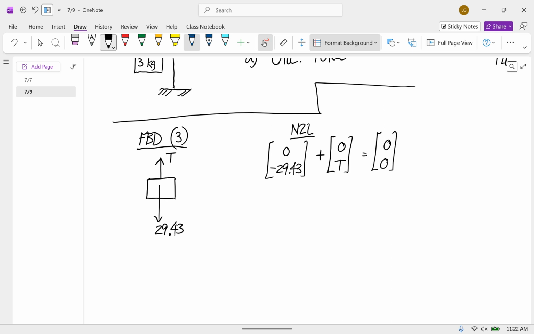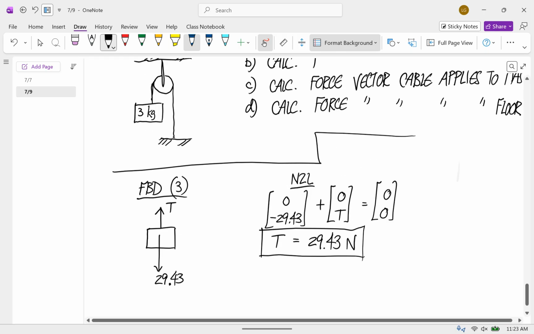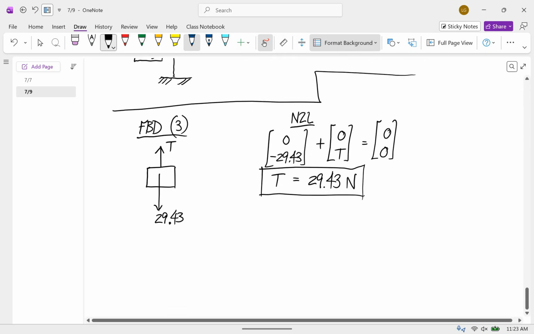The x equation doesn't give us anything useful. The y equation says T is equal to 29.43. So that's the answer to part B.